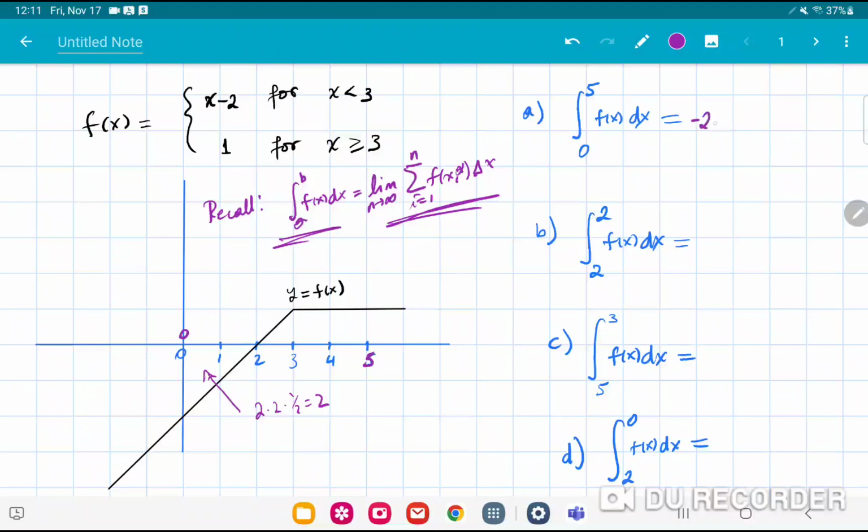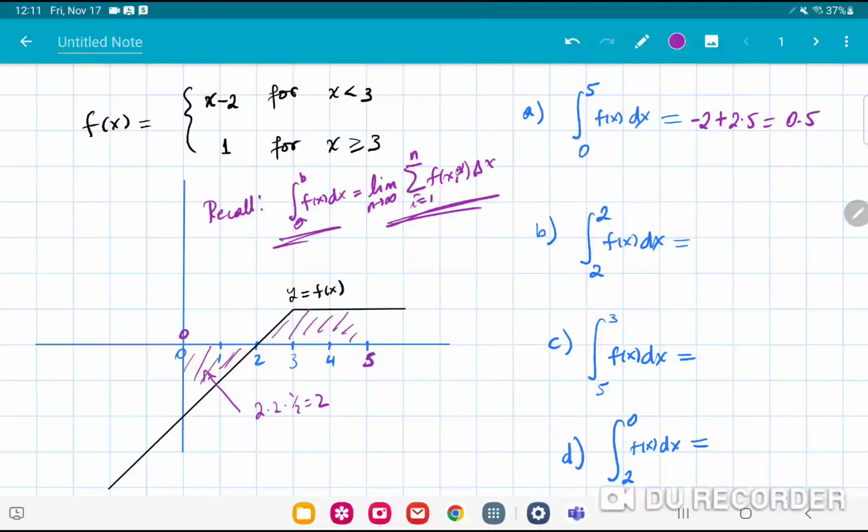So negative 2, plus, here's a half, and here is 1, 2, so that gives me 2.5. So the integral from 0 up to 5 equals this negative area of negative 2 plus this positive area of 2.5, which adds up to 0.5.